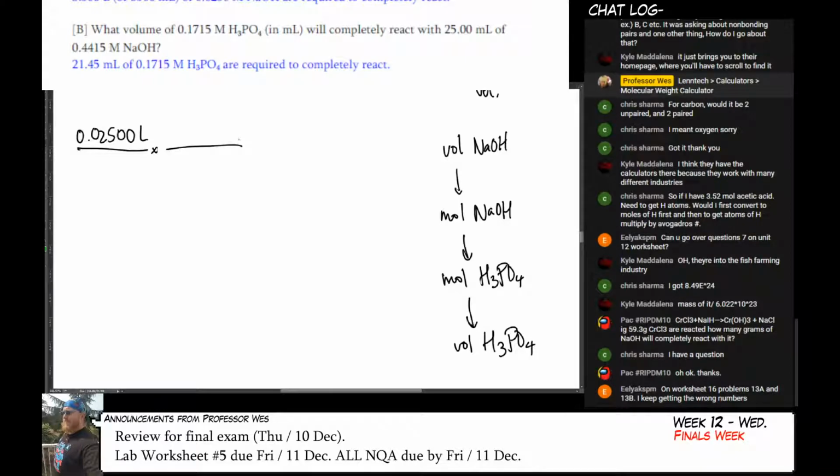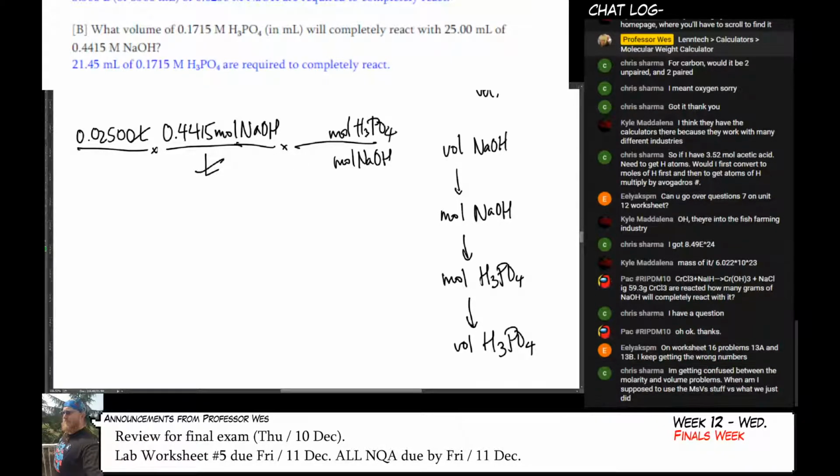So molarity times volume would be these two multiplied together. Make sure you're multiplying the correct molarity, because the problem does give you two of them. So that would be moles. Now I can go moles of sodium hydroxide to moles of phosphoric acid. And then, well, I'll put that number in later.